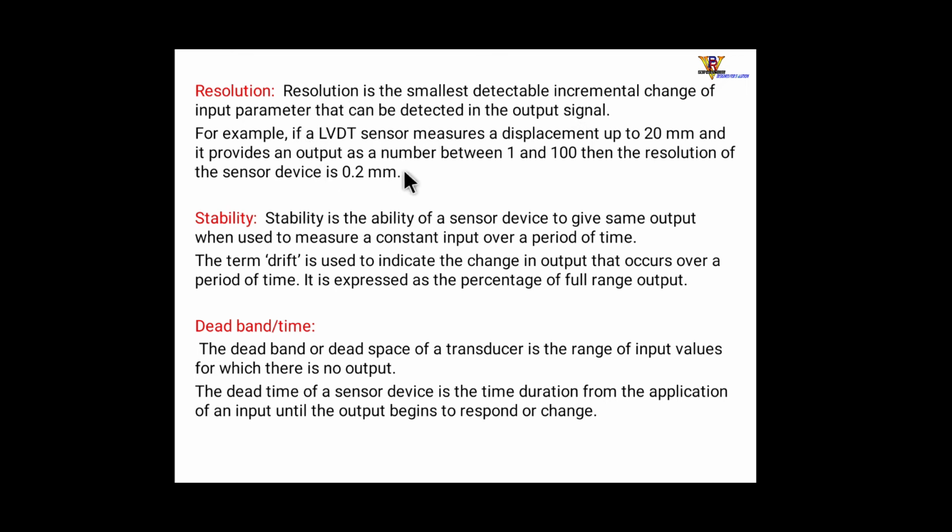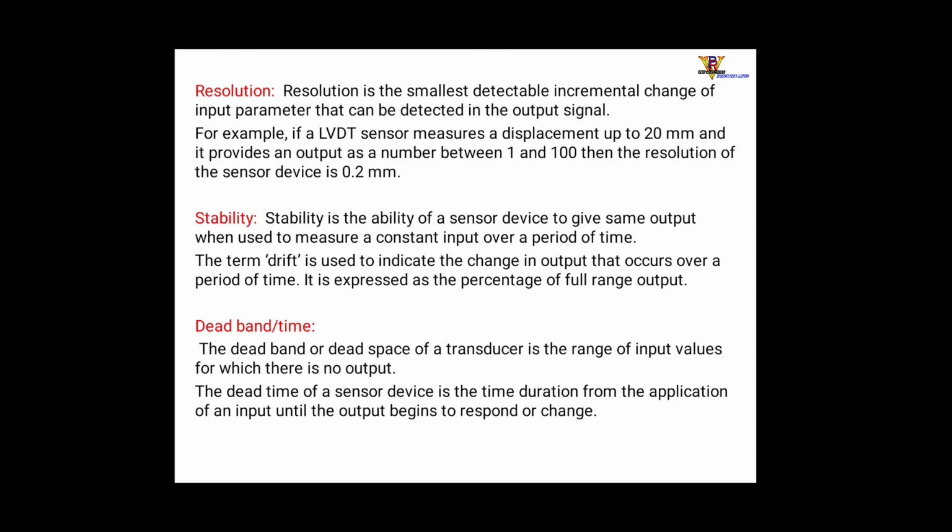For example, suppose we have an LVDT sensor. LVDT stands for linear variable differential transformer or transducer, and it is used to measure a displacement up to 20 mm. And up to 20 mm displacement, it can provide a number between 1 to 100.